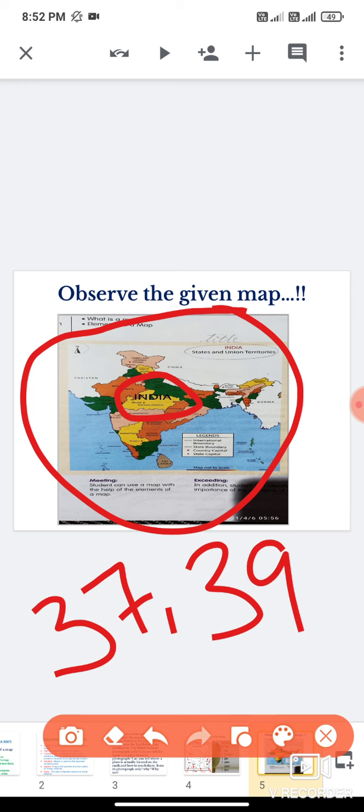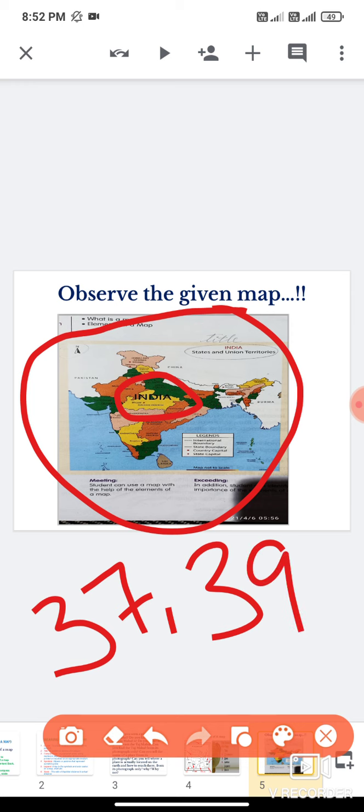So students, the map of India shows the states and capitals and the boundaries. It also has a section called legend, indicating all that exists on the map. Whatever you find in the map, you will see in the legend.